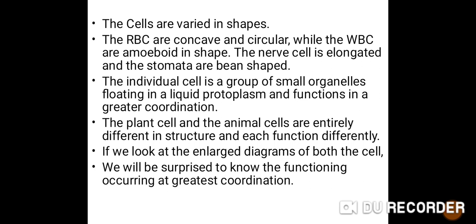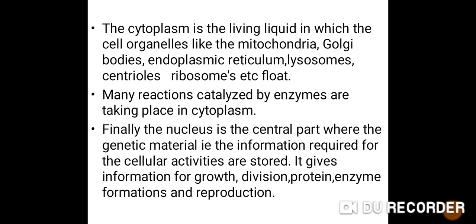The plant cell and the animal cell are entirely different in structure and function differently. If we look at the enlarged diagrams of both the plant cell and the animal cell, one would be surprised to know the functioning occurring at the greatest coordination.